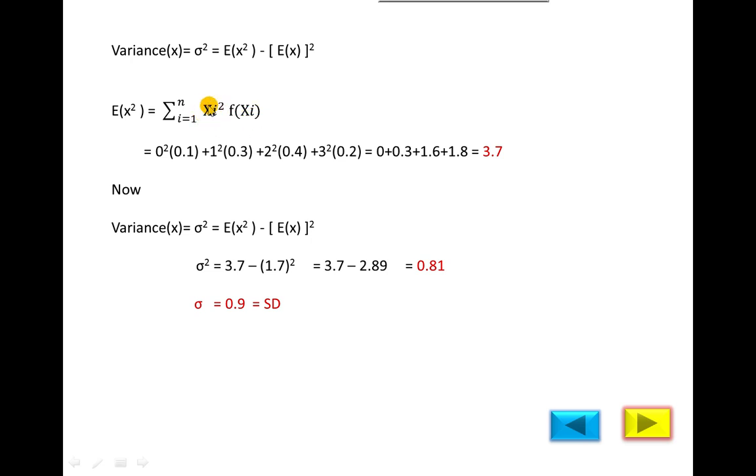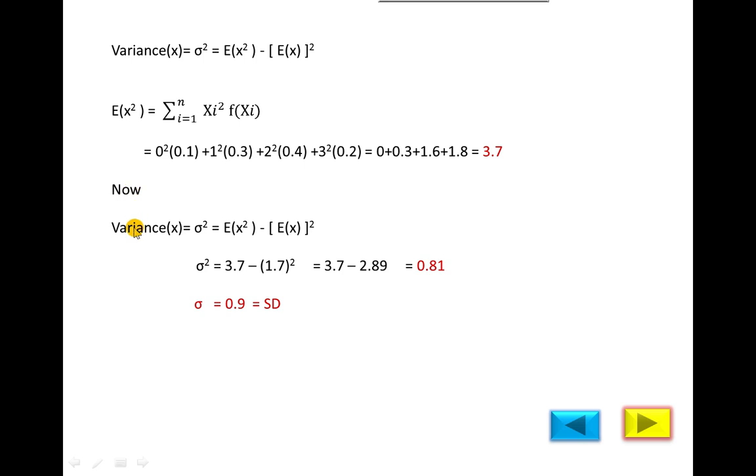First calculate the square of x which is 0, times its probability, plus the second value of x, 1 square, into its probability, square of 2 into the corresponding probability, square of 3 into the corresponding probability. The square is only for the value of x, not for the probability. Simplify this, and you will obtain E(x square) equal to 3.7.